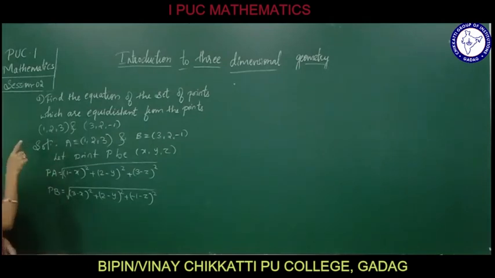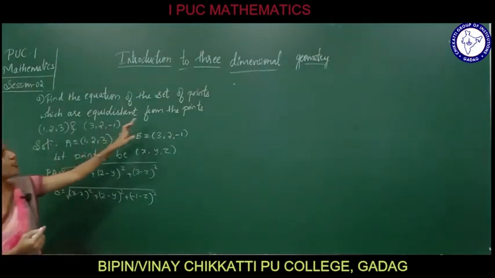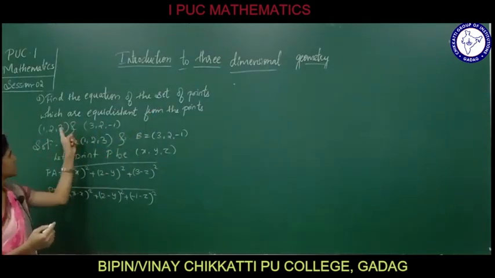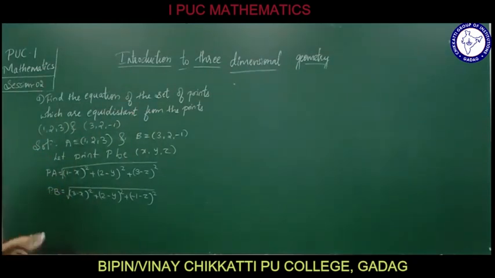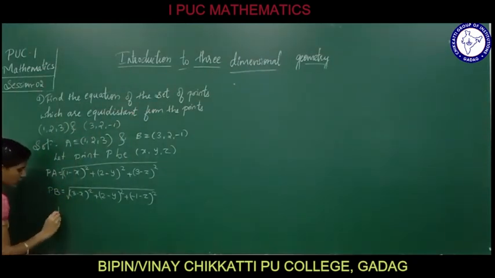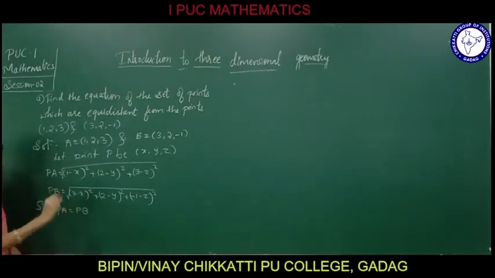See what they have given. They have said that this point P is equidistant from these 2 points. Then we write, since PA is equal to PB, which they have already given, now what we are going to do is square on both sides.